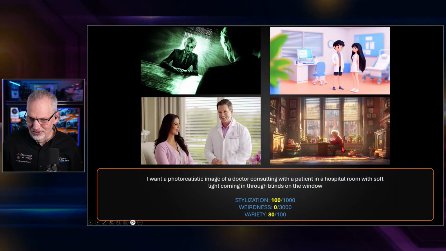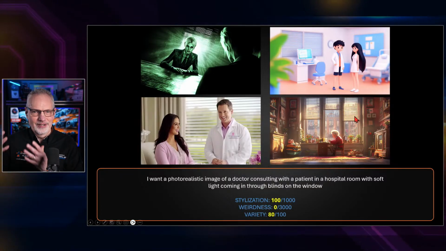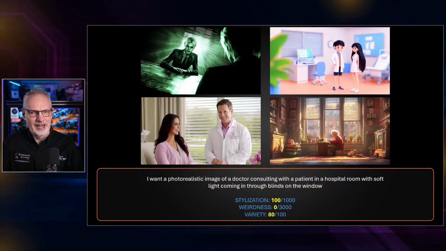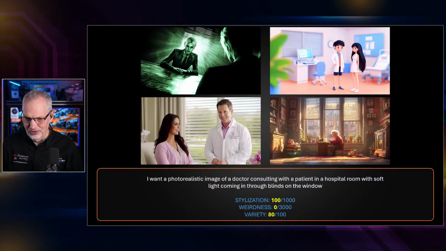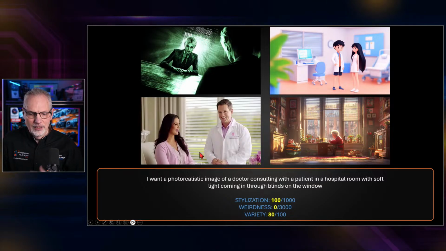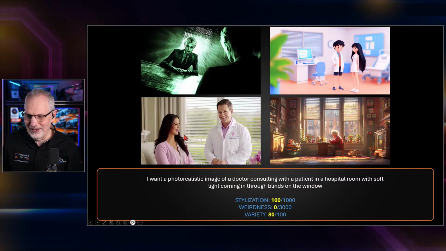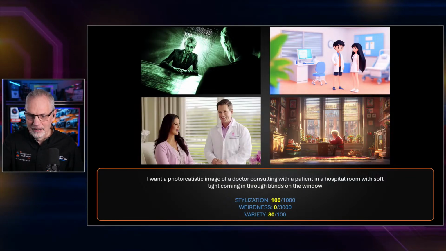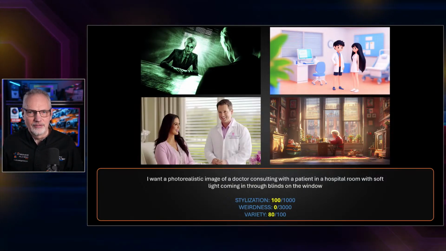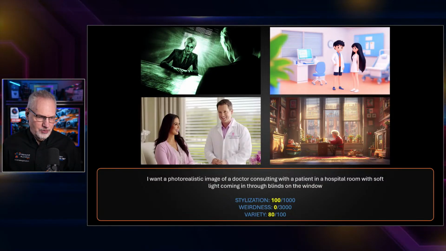This gives you almost that Pixar style, where they capture characters with 3D animation, a certain lighting and style. So with variety, I have one that gives me a doctor and a patient talking, but these are all interesting shots that could give me inspiration to say, I'd really like to move in this direction and keep doing that.